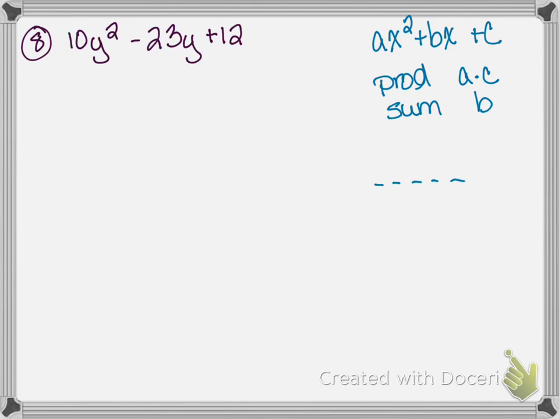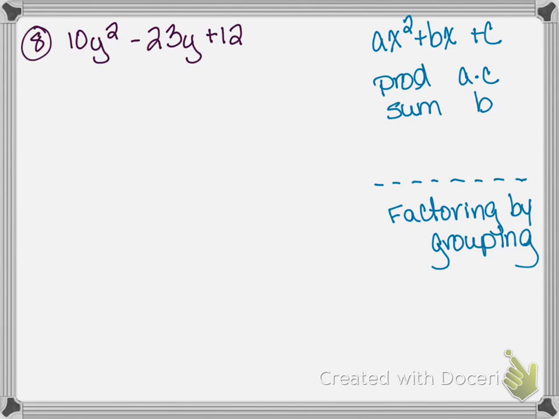Then ultimately, after I deal with all of that, I am going to be factoring by grouping. Okay? Because when I have an a in front of my squared value, I am going to split my b term.